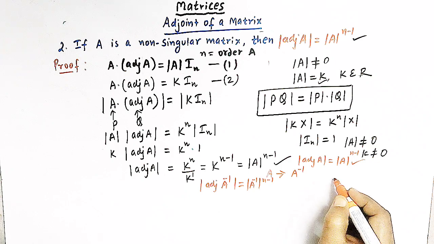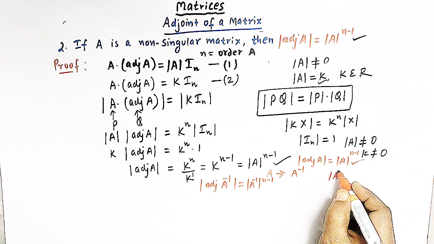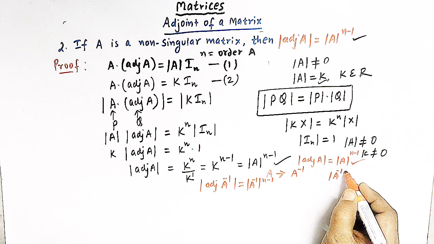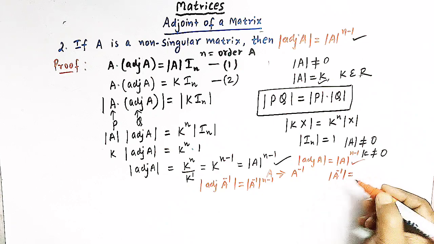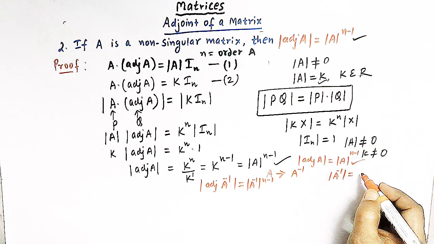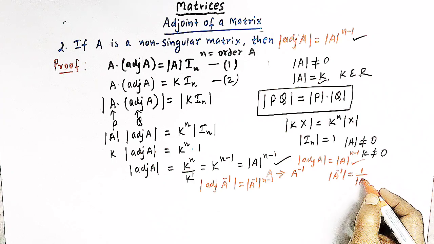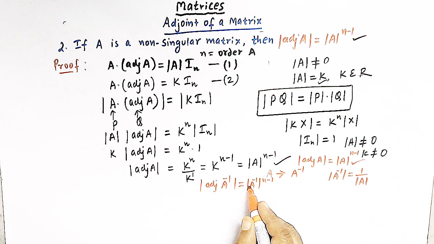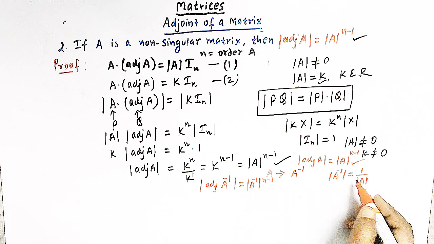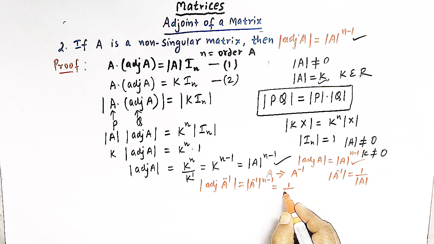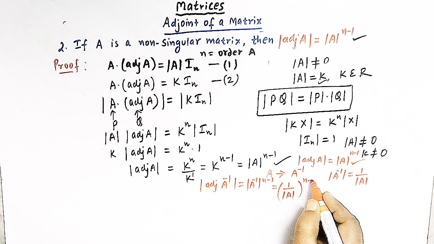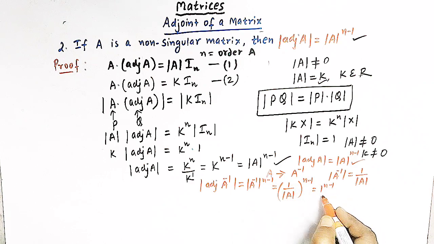We know that the determinant of the inverse of A is equal to the reciprocal of the determinant of A, that is 1 over determinant of A. Substituting for determinant of A inverse as 1 over determinant of A, we have 1 over determinant of A, all raised to n minus 1. So we have 1 raised to n minus 1 over determinant of A raised to n minus 1.